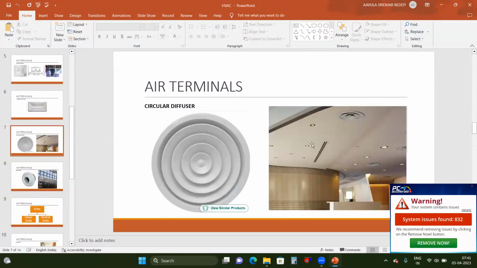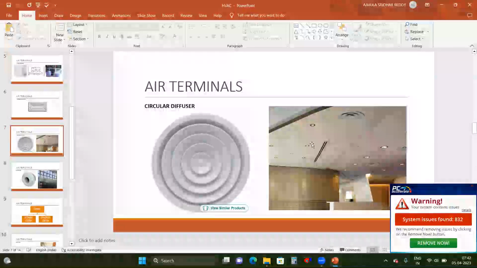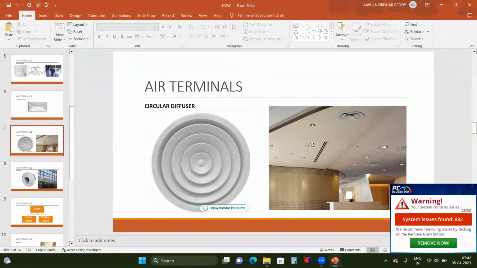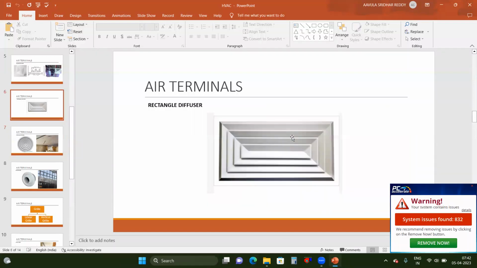The air coming from the central unit, that may be package AC or ductable AC, will be distributed through these air terminals. Simply, we can say that it releases the air coming from the central unit. That is the air terminal.